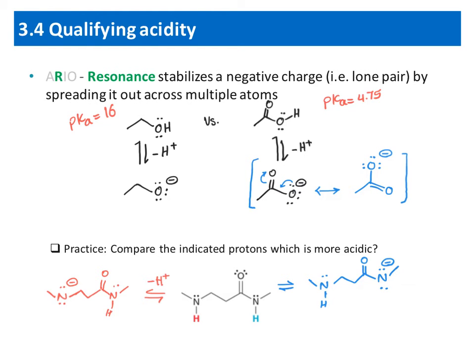Now we need to compare and see which conjugate base is more stable. If you look at this anion, the negative charge is on a nitrogen, and on the right side the negative charge is also on a nitrogen. So comparison by atom is not a good idea here. Now this anion has a lone pair allylic to a double bond, so it can do resonance.